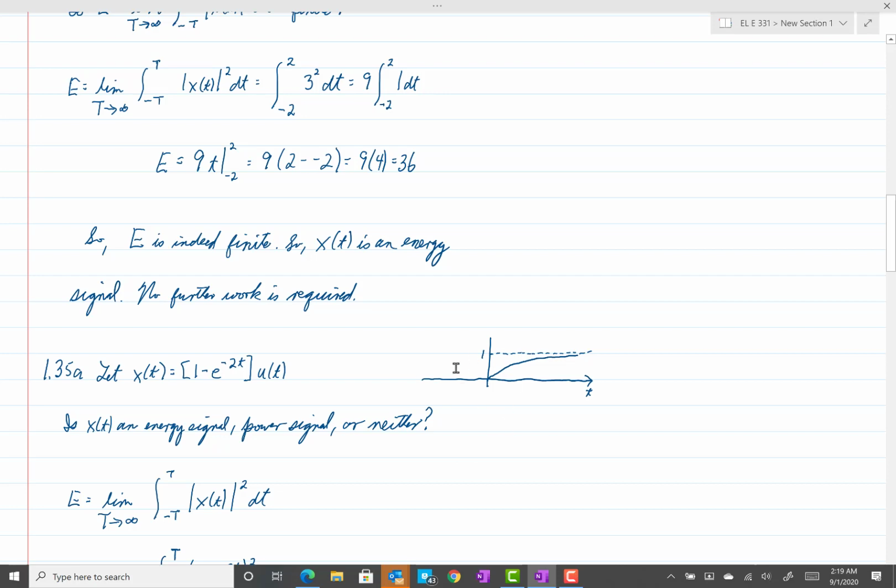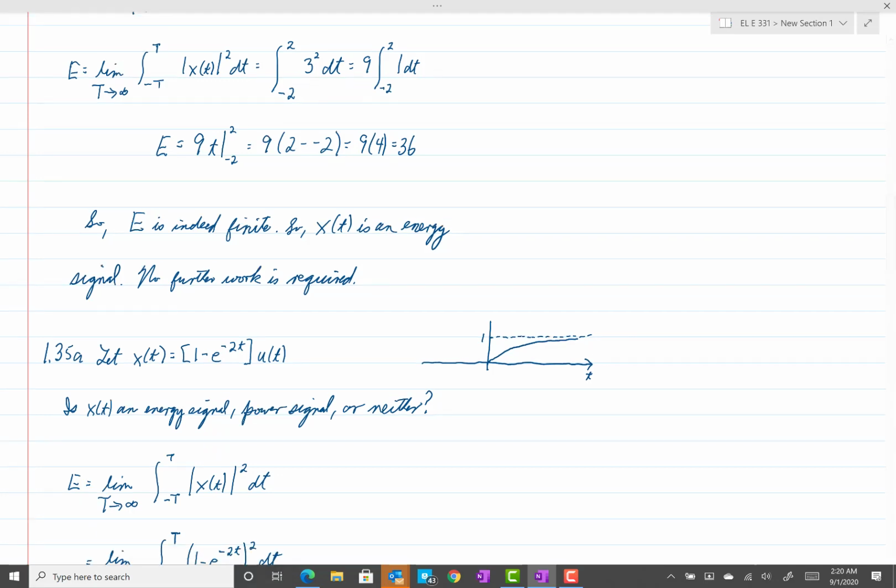We want to know if this signal is an energy signal, a power signal, or neither. Now the fact that this function goes on and on without going to 0 very strongly suggests to you that the energy is not going to be finite in this case. But let's check it and make sure.